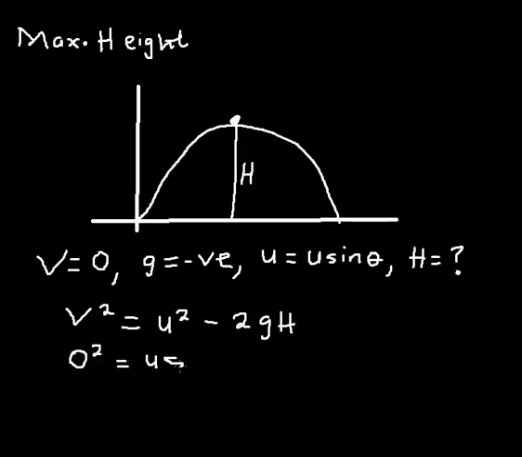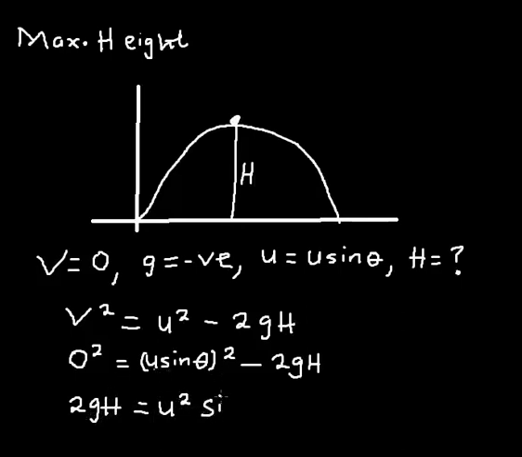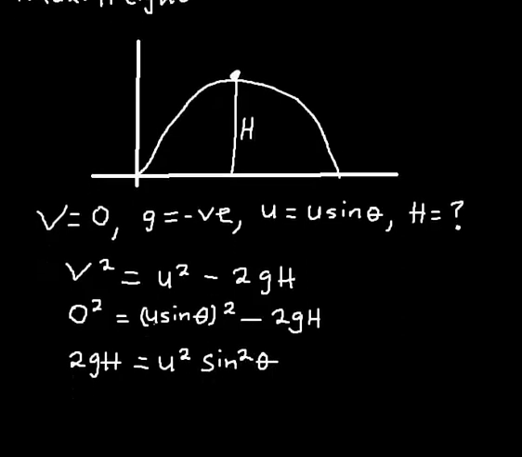But I have to square it: u sine theta all squared, then minus 2gh. So take minus 2gh to the other side, it becomes plus 2gh. And you know very well that if I square u here, I'm going to have u squared, and if I square sine theta, I'm going to have sine squared theta. That way now I can get my h.